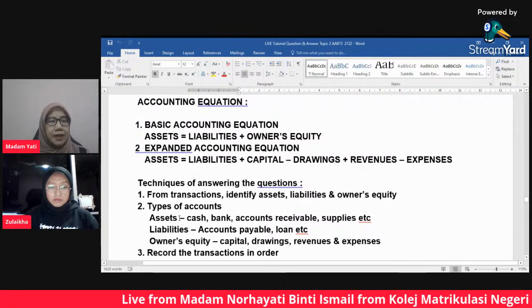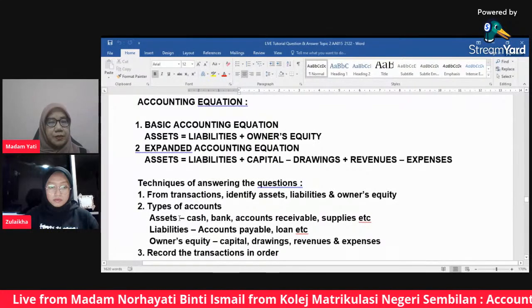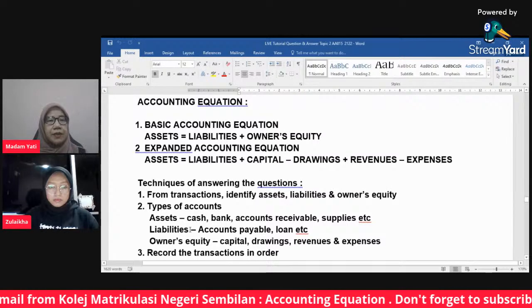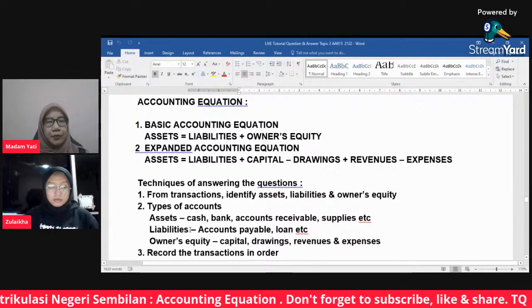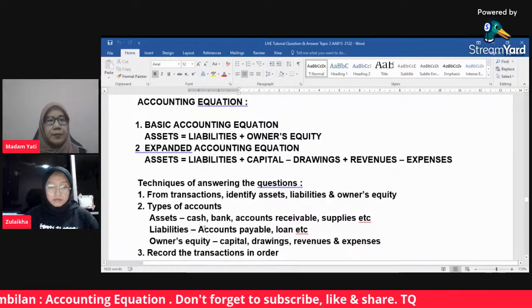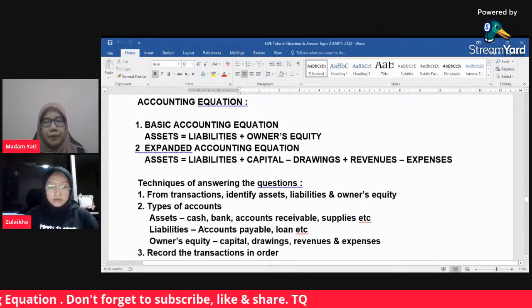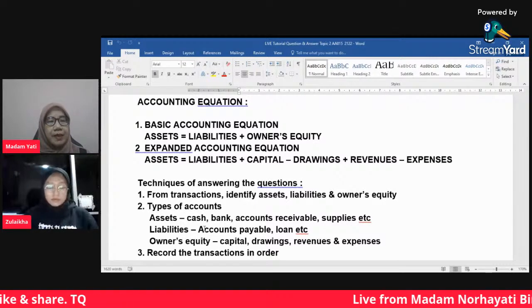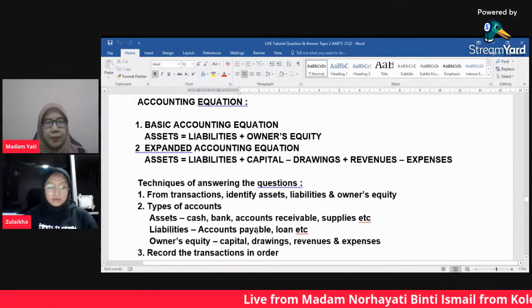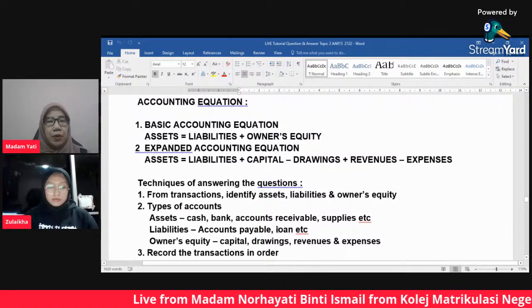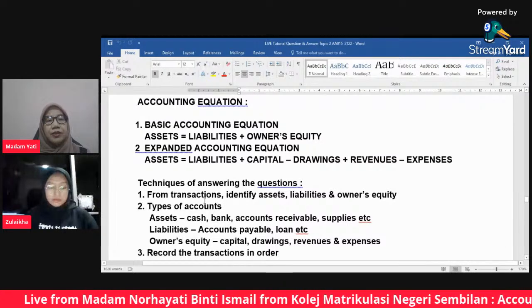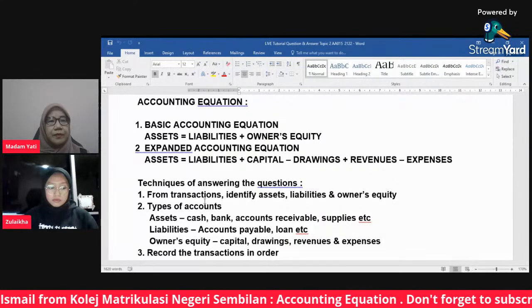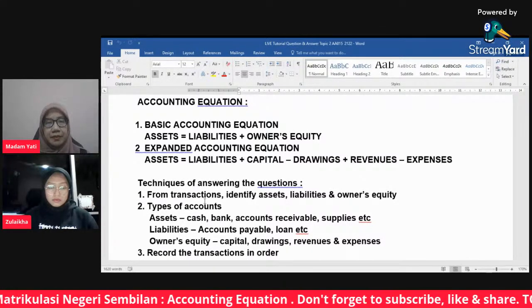Under asset you have other columns, the small columns depending on the transaction. Liabilities also have a few accounts, for example account payable and loan. So under the liabilities column, you have to prepare another two columns, depending on the transaction. But in some questions they have already given the data and the table.